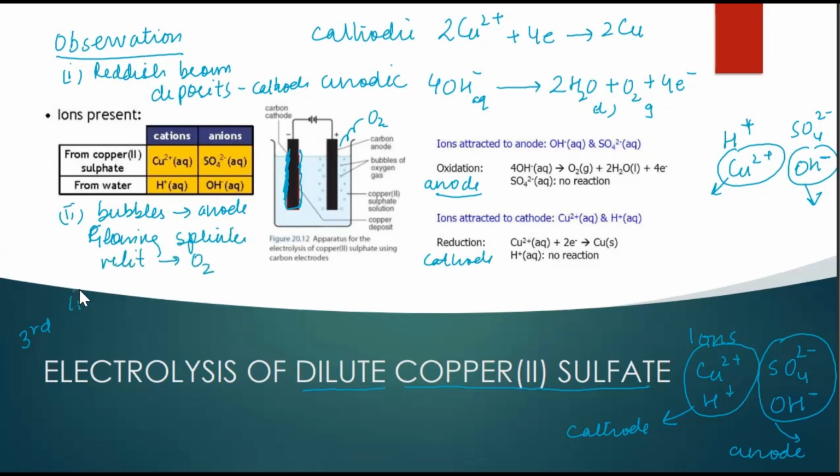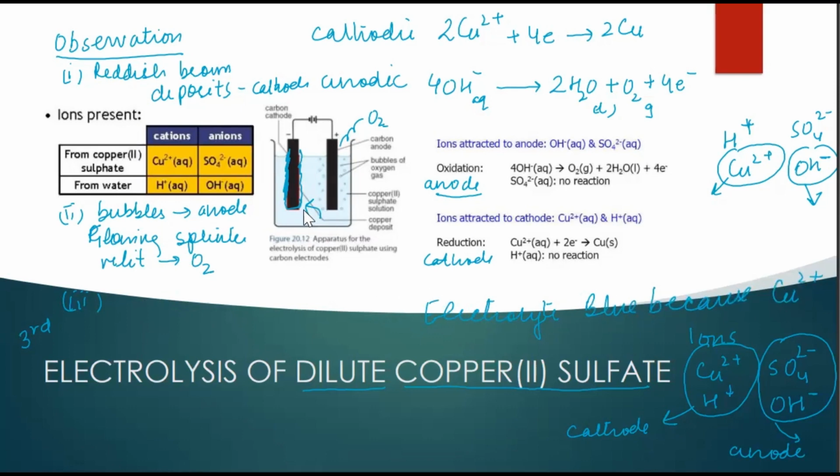Now comes the third observation. Because the copper ions are being deposited at the cathode, the copper ion concentration is being reduced in the electrolytic solution. The color of the electrolyte is blue because of the copper ions which are present.